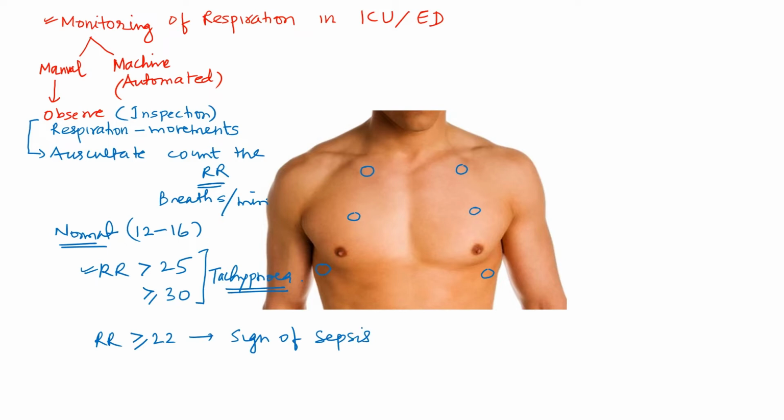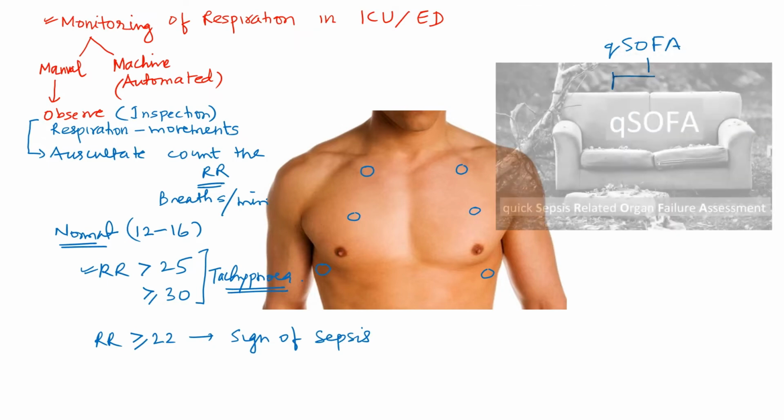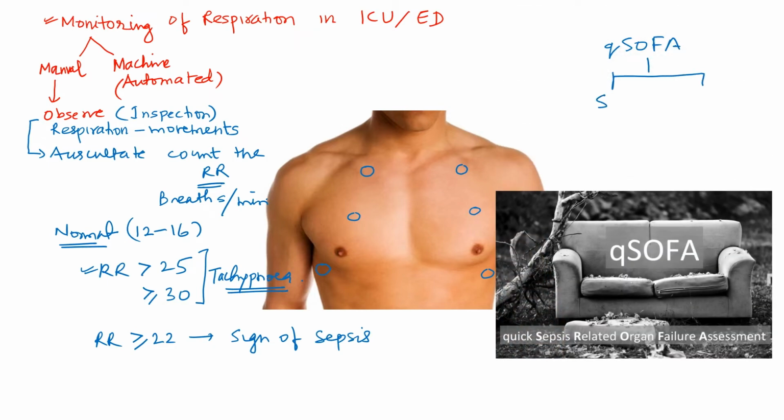Okay, so as we know, what is QSOFA? In QSOFA there are three things: S, A, T. S means systolic blood pressure less than or equal to 90.